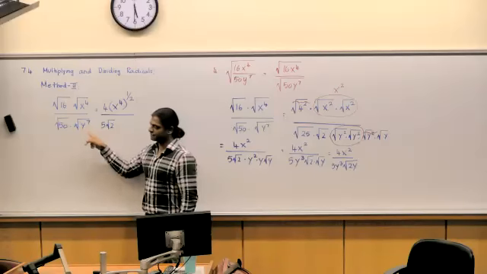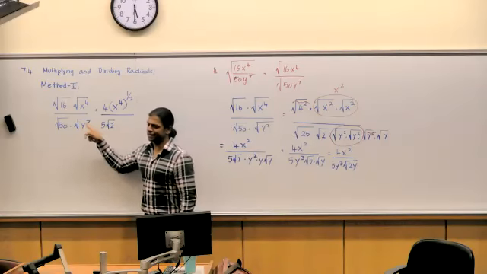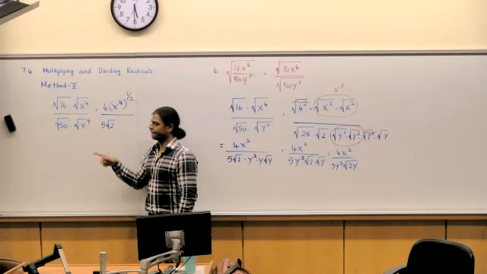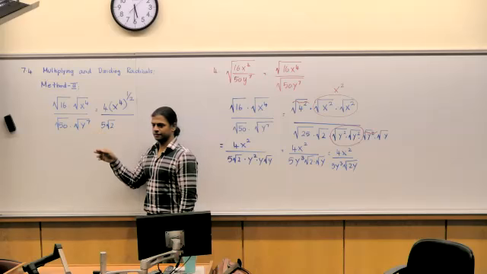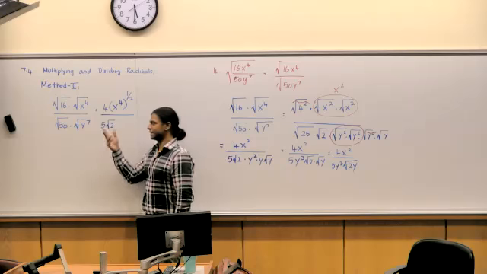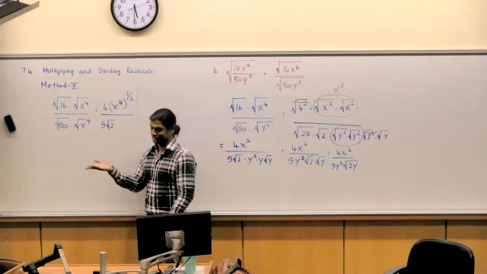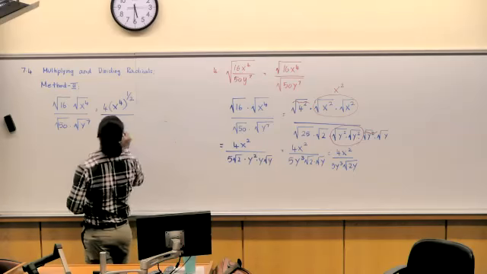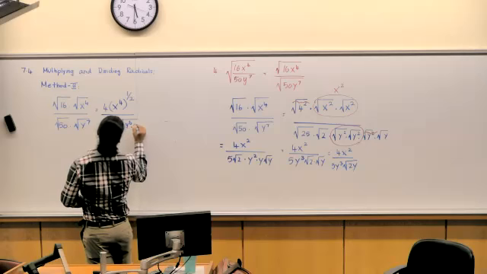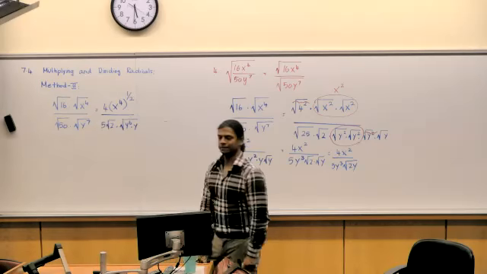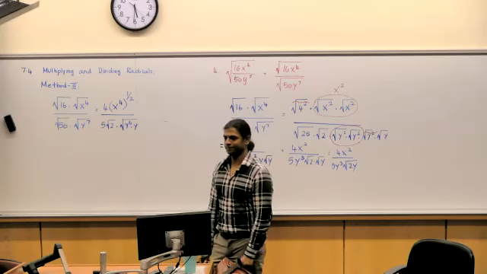I want to split it up in terms of the nearest even number. So what is the nearest even number? 6. It has to be less than 7, or else we can't split it up. So I can write it as y raised 6 times y. Correct?